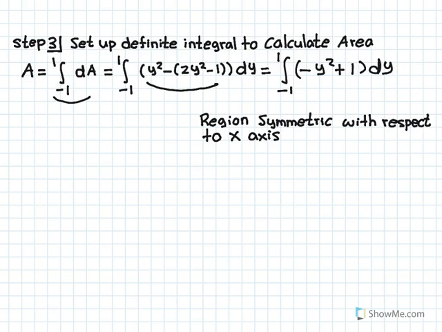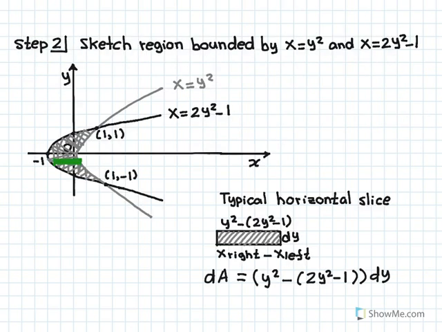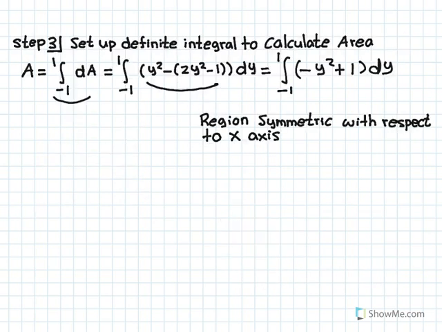Now, because this region is symmetric with respect to the x-axis, you can see this from the previous page, we can use the symmetry to our advantage. So the area is going to be 2 times the integral from 0 to 1 of 1 minus y squared dy.